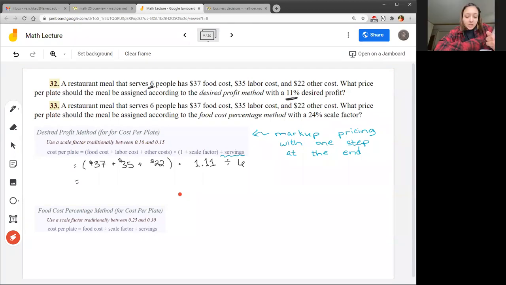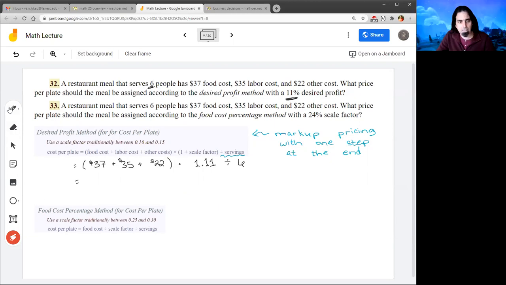I got 17.39. Yeah. So that's what they would put on the menu for one serving of whatever this is.